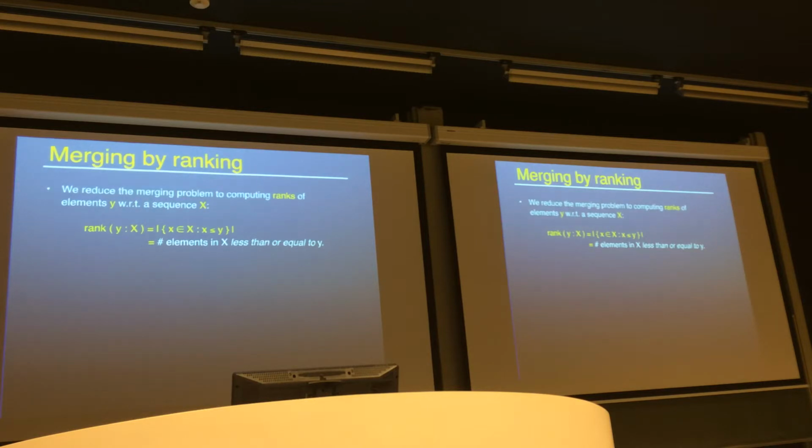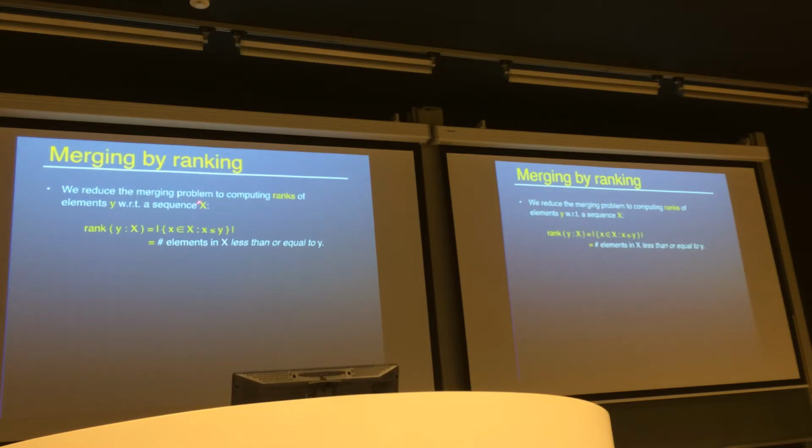Okay, what's the basic idea? Well, the basic idea is ranking. And ranking is a very general technique that is used in parallel algorithms in quite a number of applications, so you should be familiar with it and also able to use it in various contexts. The basic idea of ranking is that you take an element and try to decide where in a sorted variant of an object the element should occur in the sequence.